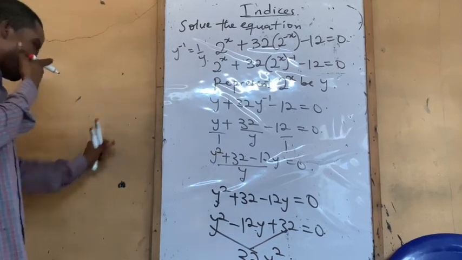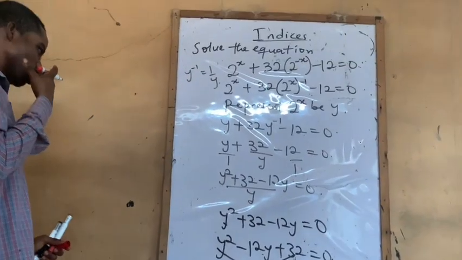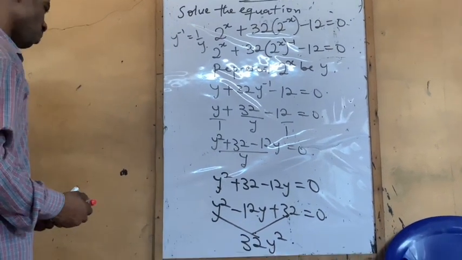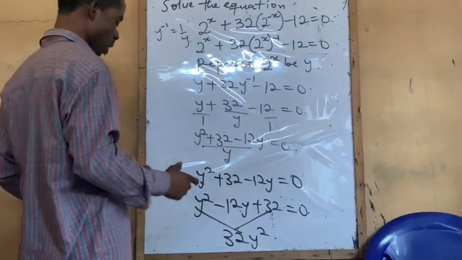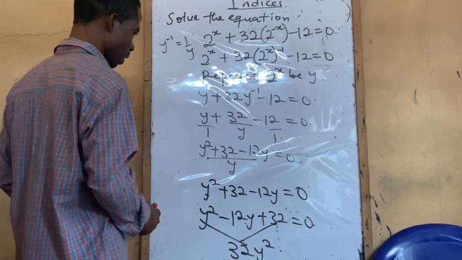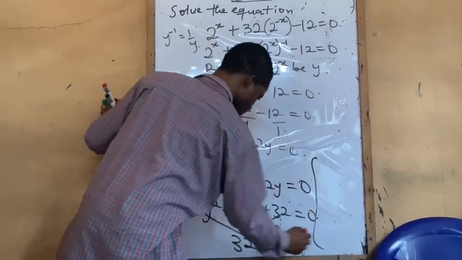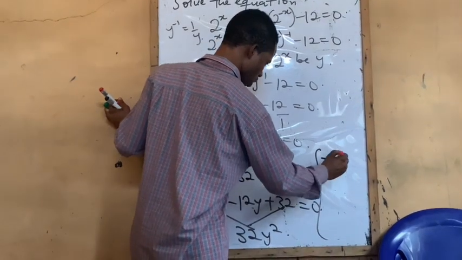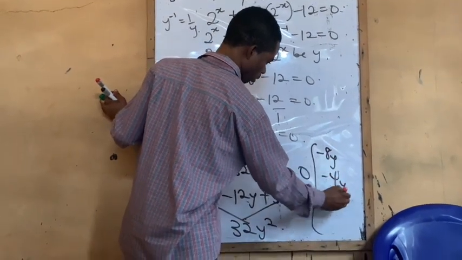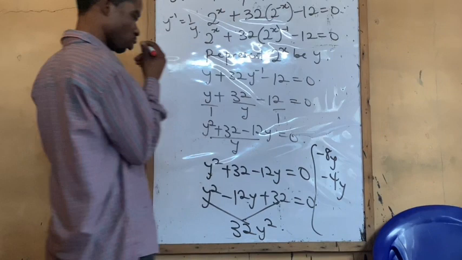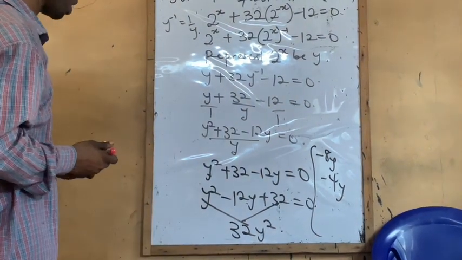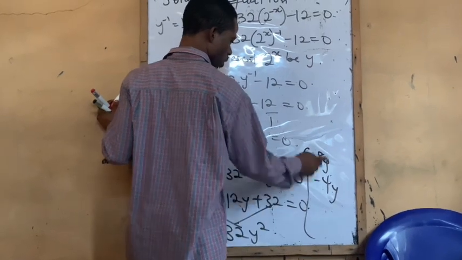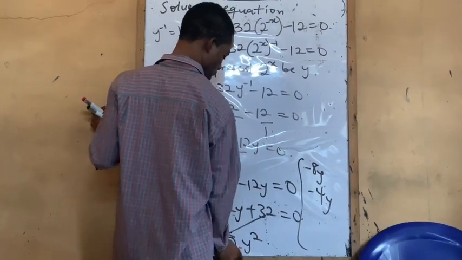Now what are the two numbers that when I multiply them give me this, and when I add them give me this? That will be 4 times 8. Minus 8y minus 4y will give minus 12y. And when I multiply them together, minus times minus is plus, 8 times 4 is 32, y times y squared.